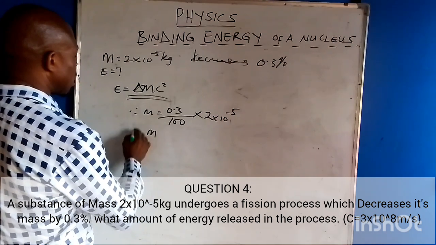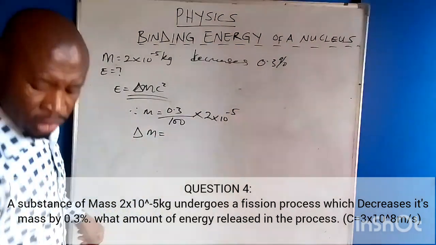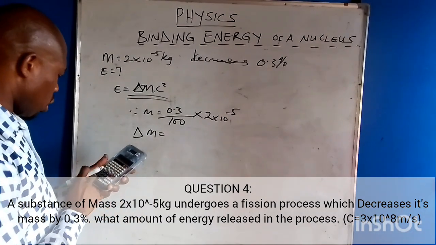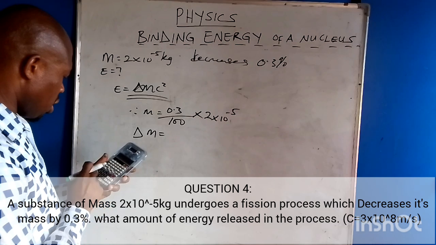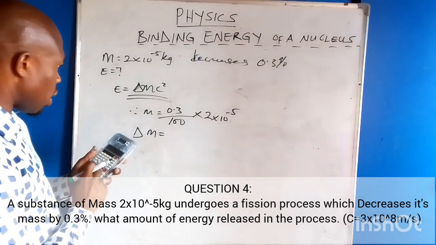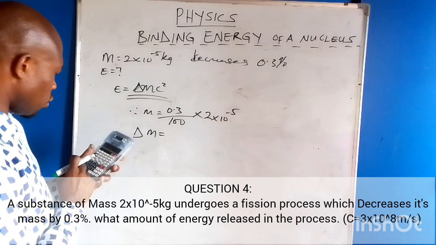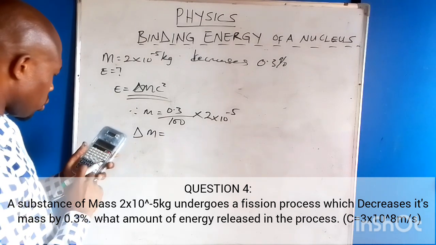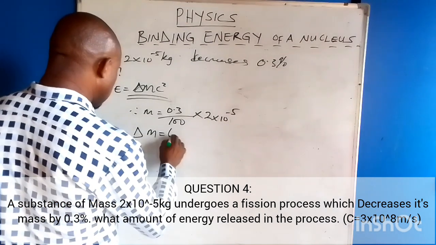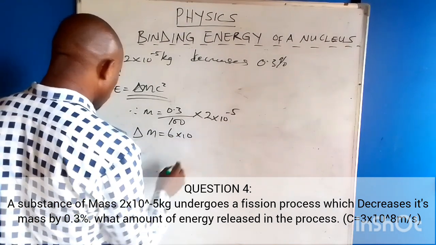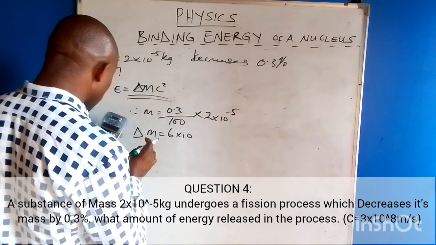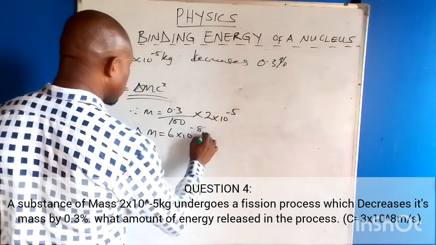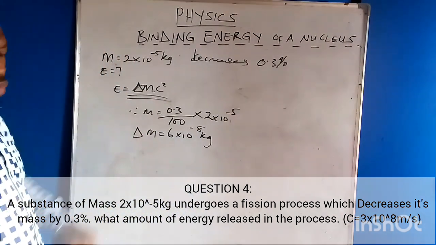From our calculator, we now have 0.3 divided by 100 multiplied by 2 times 10 raised to the power minus 5, which gives us 6 times 10 raised to the power minus 8 kg.